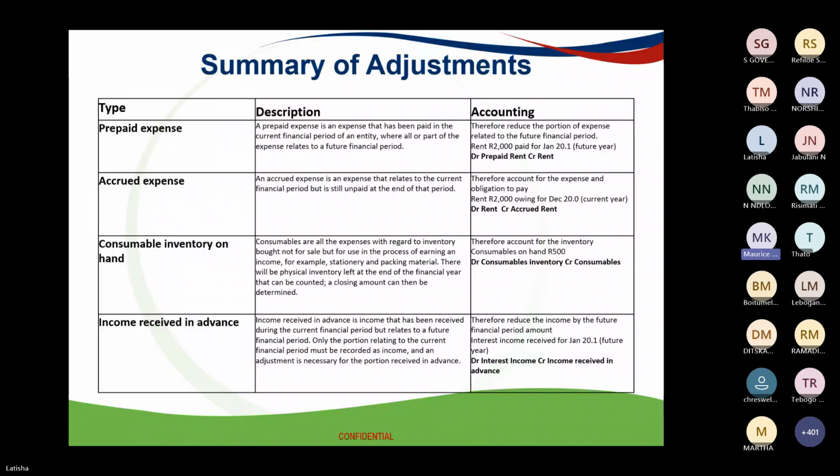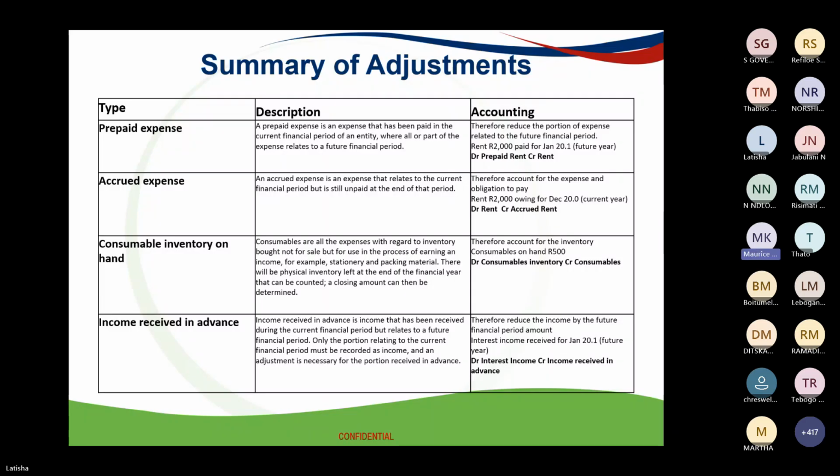So in other words, the money might not be received, but the expense or the income might have occurred, or the money might have been received more than what was supposed to have received for that period. Are you with me?